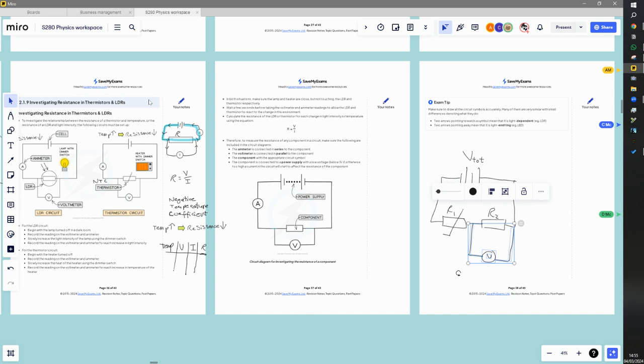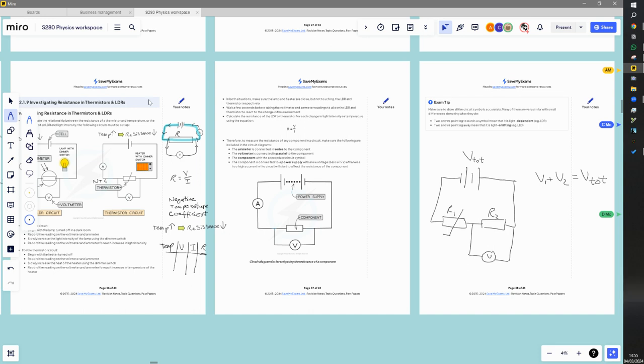So remember that in series, the voltage across this plus the voltage across that will be equal to the voltage up here. So in other words, let's just say V1 first, the voltage across this, plus the voltage across this one will be equal to the total voltage.